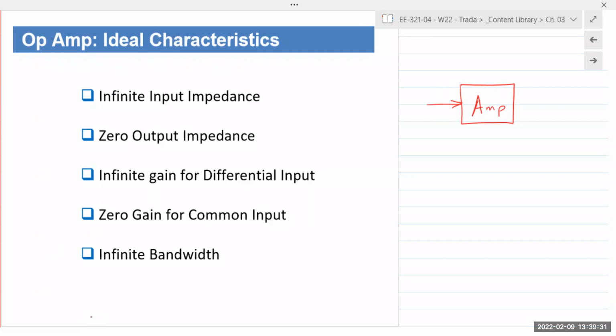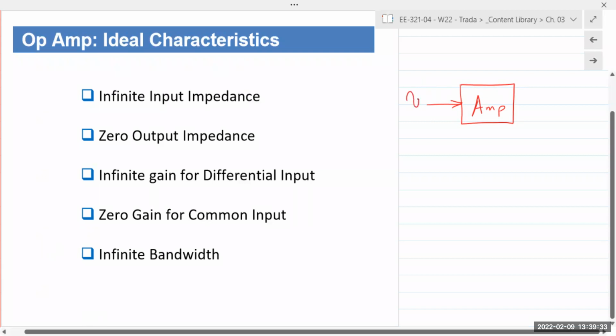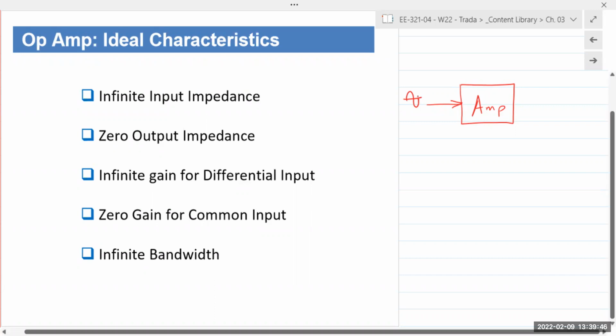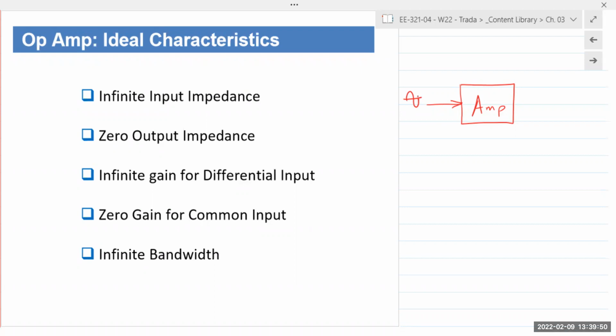So you want to minimize the current being fed into that op amp. That's the reason we want infinite input impedance, or as high an input impedance as possible. On the output side, however, you want it to be as low as possible, so as to be able to drive the maximum amount of current to the output.